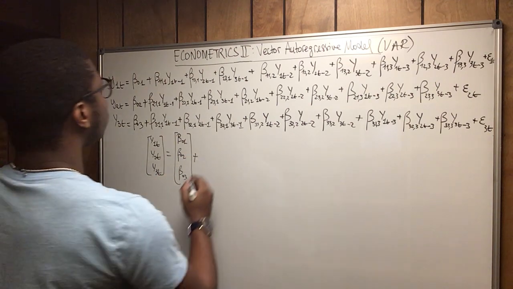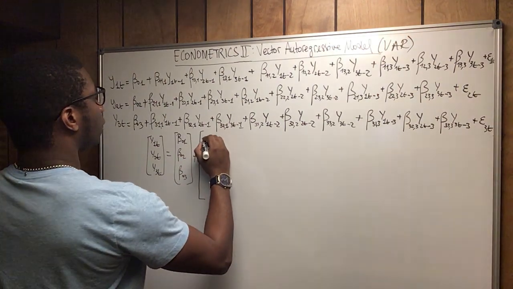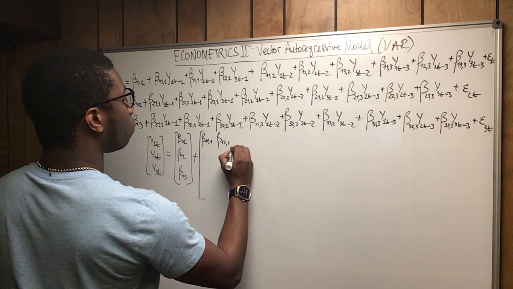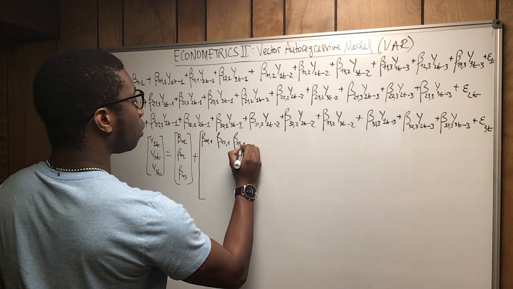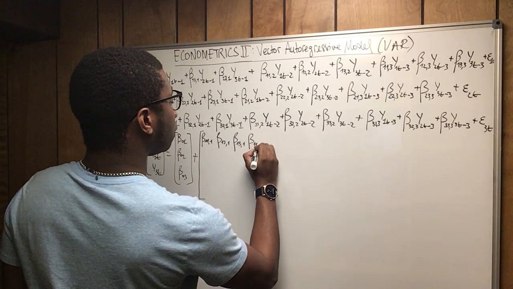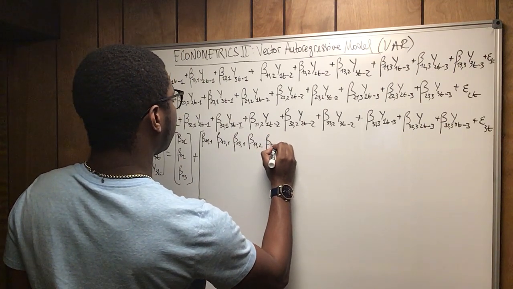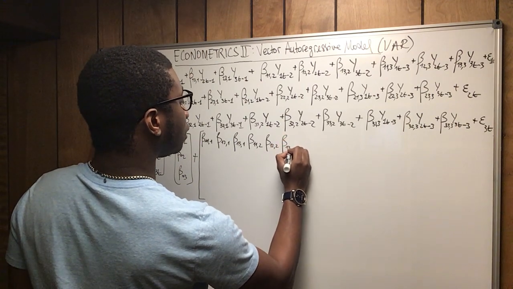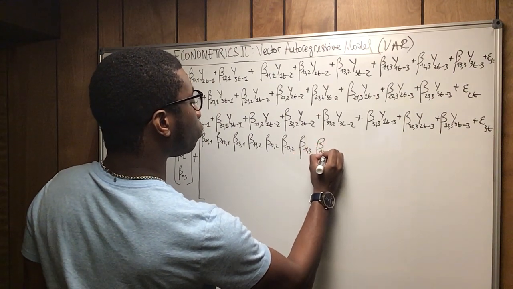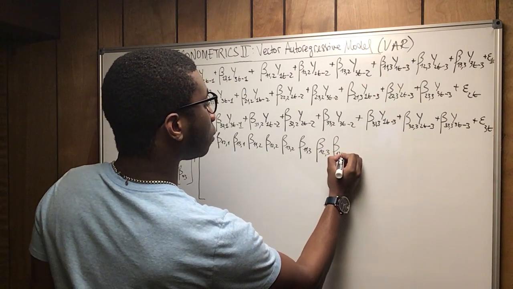plus, that's where it's going to be interesting, beta 11,1, beta 12,1, beta 13,1, beta 11,2, beta 12,2, beta 13,2, beta 11,3, beta 12,3, beta 13,3.